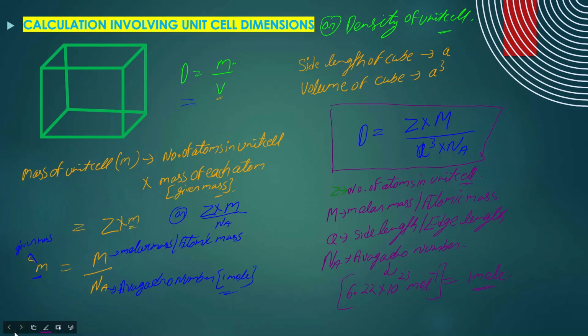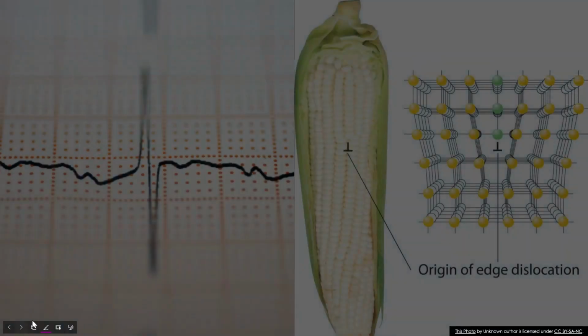Now the next is, okay, I have a question. Doesn't solid show any defect? Does solid have defects? Look at this picture. The arrangement of particles is in a straight line, but some of the particles form a short order arrangement.